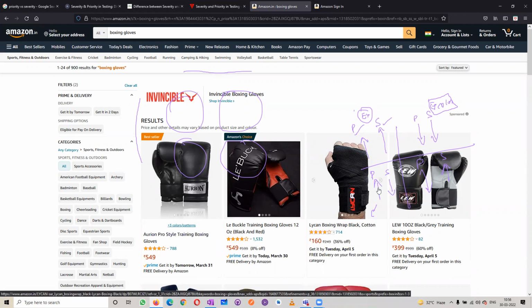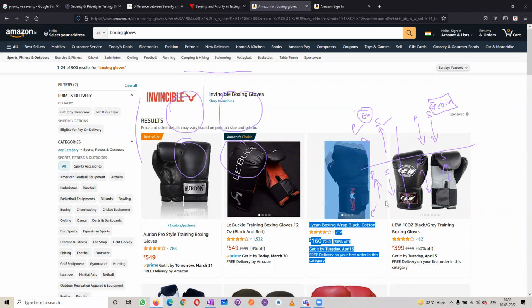The severity of that bug is very less, it is not impacting anything, but the priority of fixing that bug is very high, because if the logo itself is wrong, then how can I test this? It is not accepted, right? So, high priority, low severity.